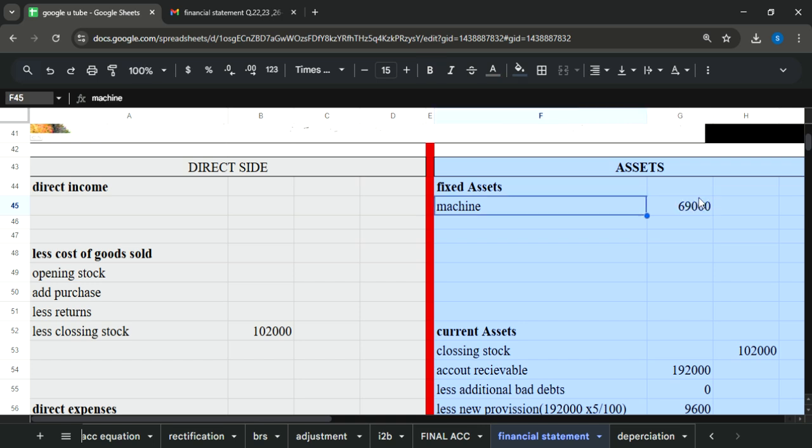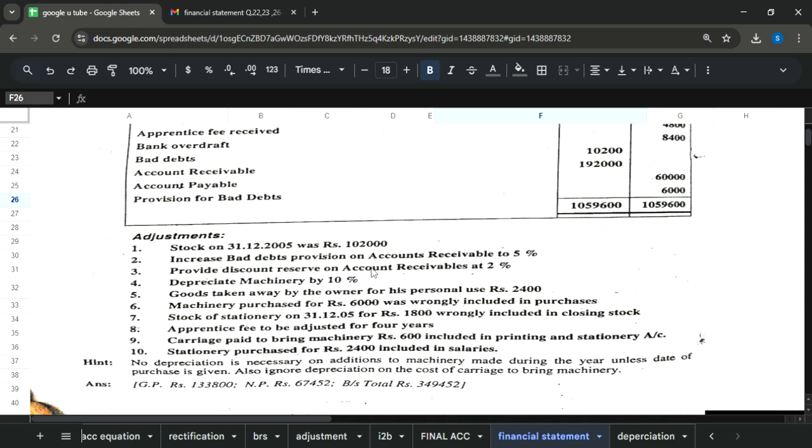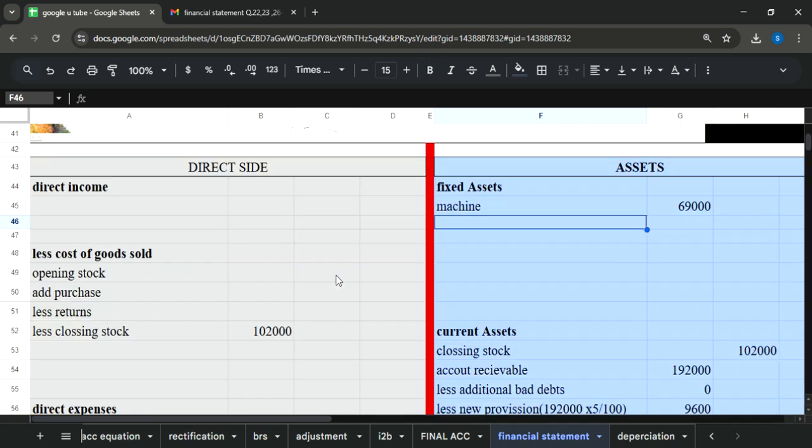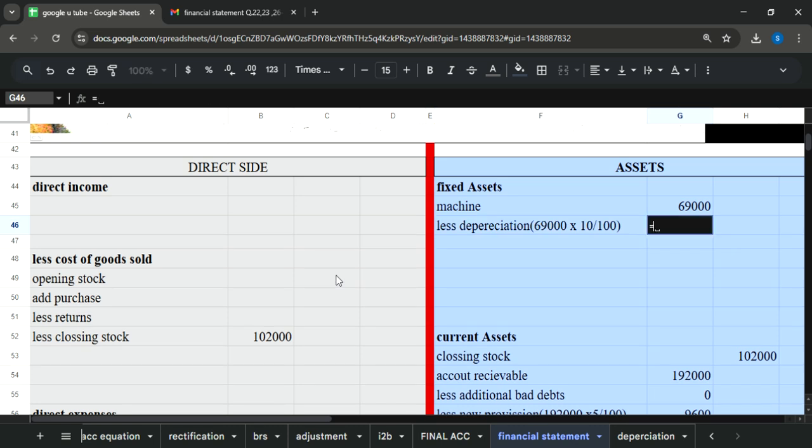Now we will see the rate of depreciation, which is 10%. You will subtract depreciation, and it is said to calculate 10%. 69,000 was the amount, and you will take 10%. What is 69,000? That is the amount of machine, and why are you taking 10%? Because it is said in the adjustment.